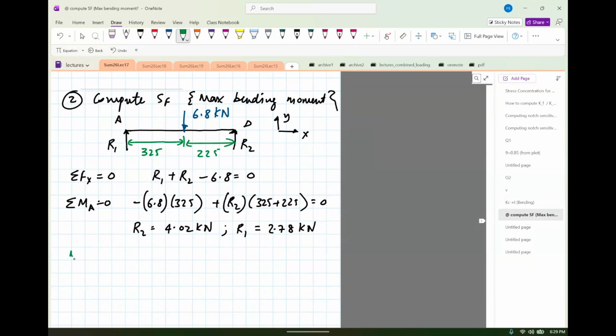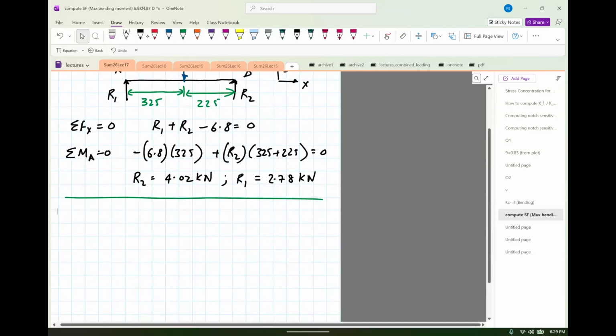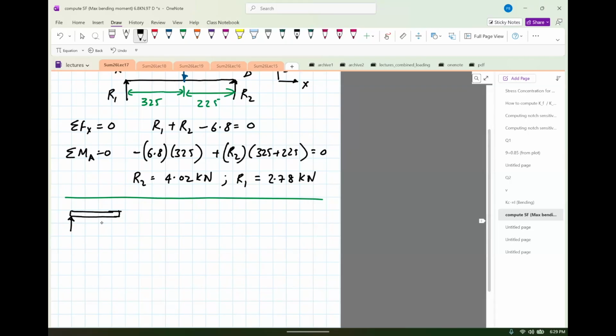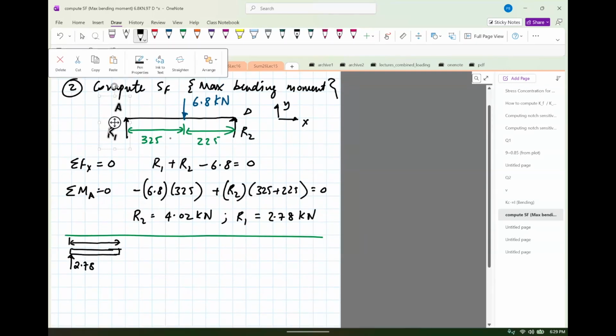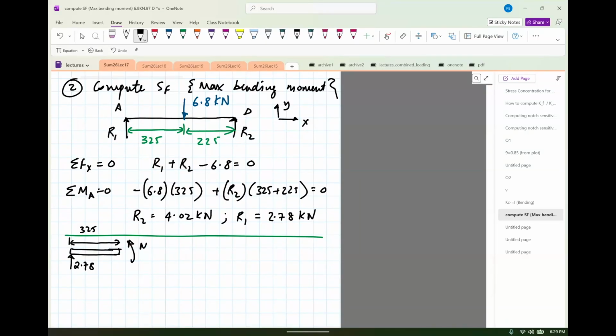So I'm going to attempt to compute M max first. I'll draw the beam. This force is now R1, 2.78. This distance is 325. And then we want to find M max. There's no force between A and 6.8. So that would be the free body diagram.